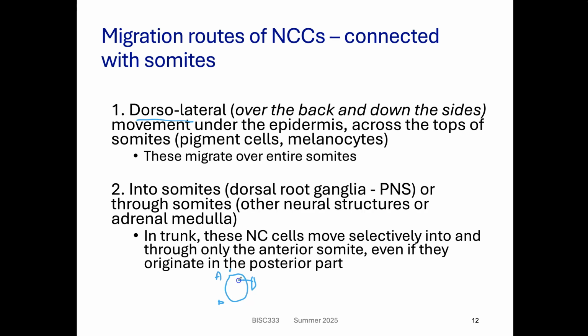If they migrate across or through the anterior part of the somite, they just keep going. If they encounter the posterior part of the somite, they are repelled and they move either towards the anterior of their own somite, or if they're way down here and they get repelled, they're quite likely to end up migrating across the anterior of the somite behind them. So there's a real preference for the front half of the somite.